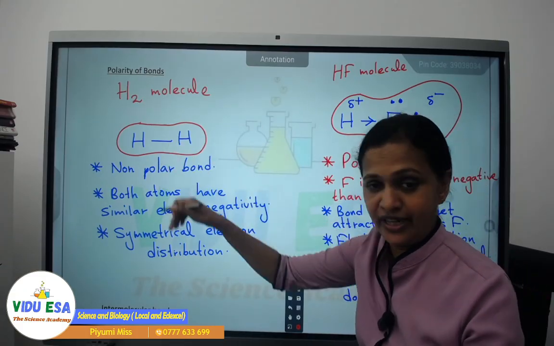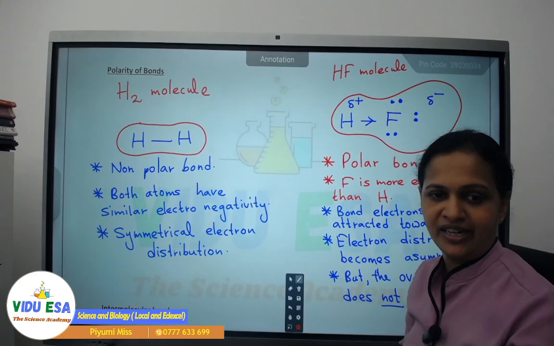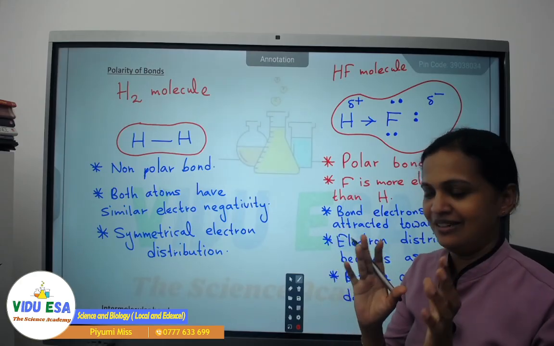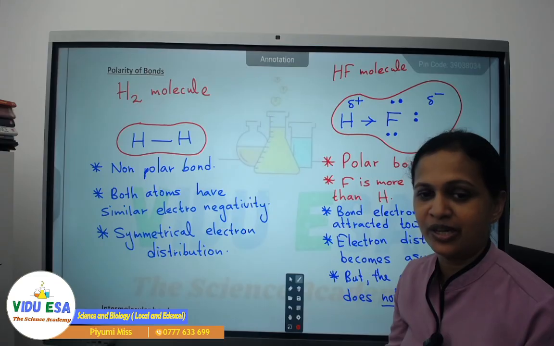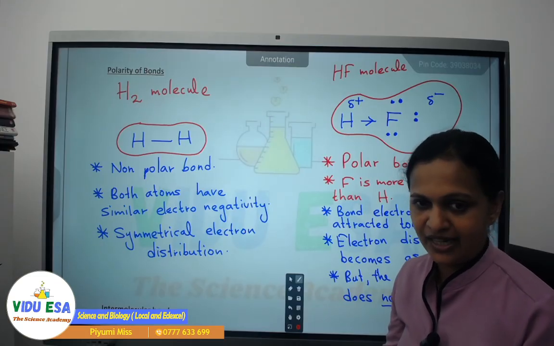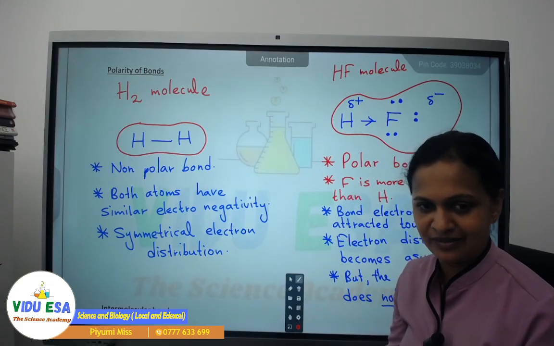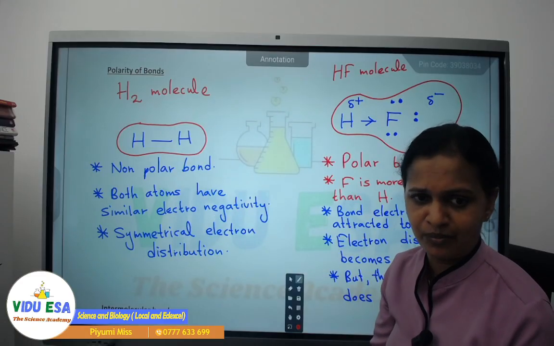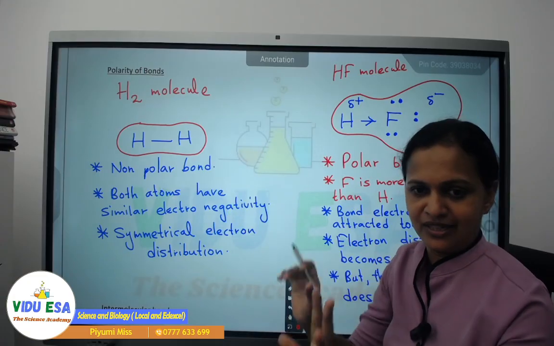Therefore, this bond electron pair is not attracted towards any of the atoms. Since both atoms are similar, the electrons are nicely distributed and there is no polarity. Polar means having negative and positive charges internally. Here, the bond is non-polar. Both atoms have similar electronegativity and electron distribution is symmetrical.